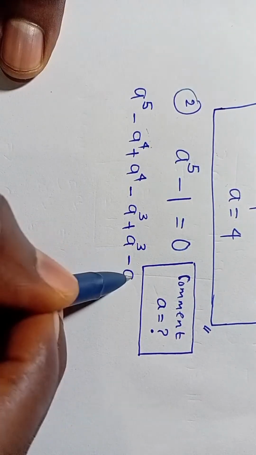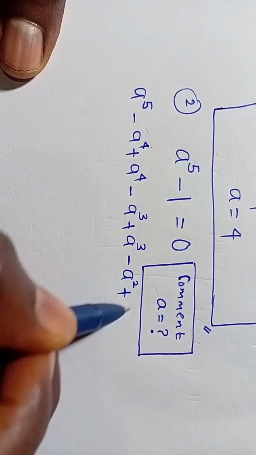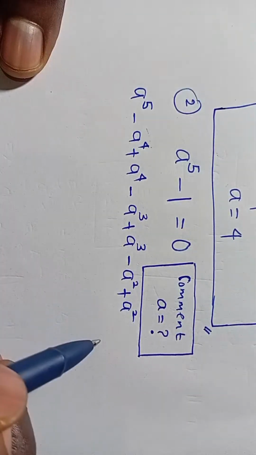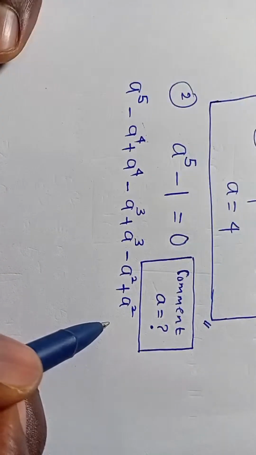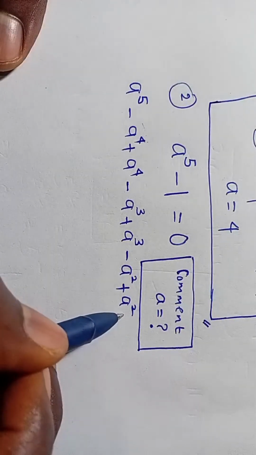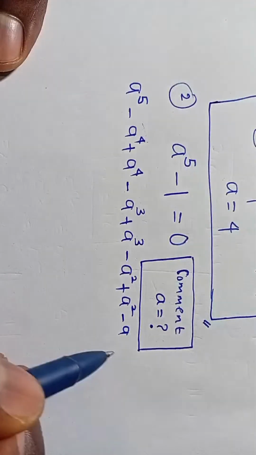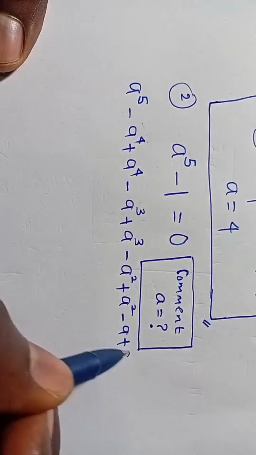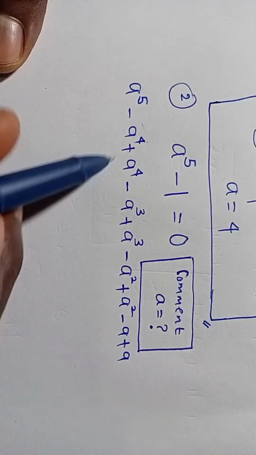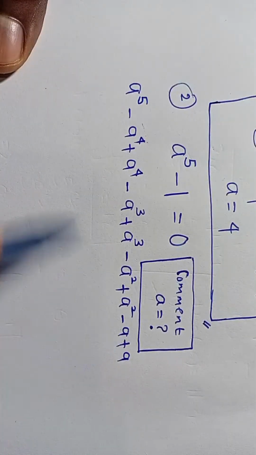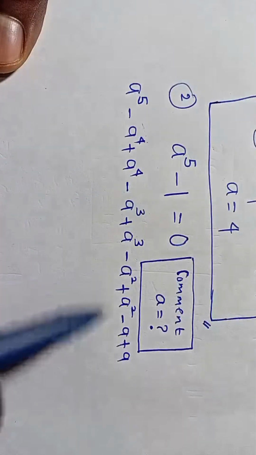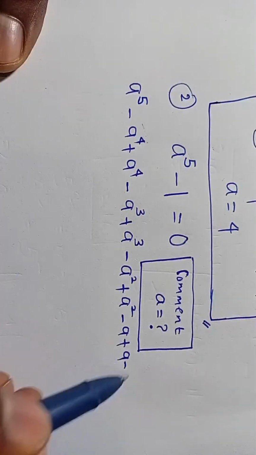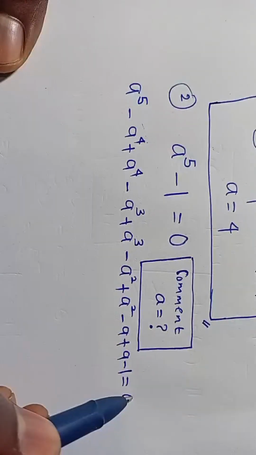Then minus A squared plus A squared. Then minus A plus A. You see all this will be 0, 0, 0, 0. It will not affect the problem given to us. Then minus 1 equals 0.